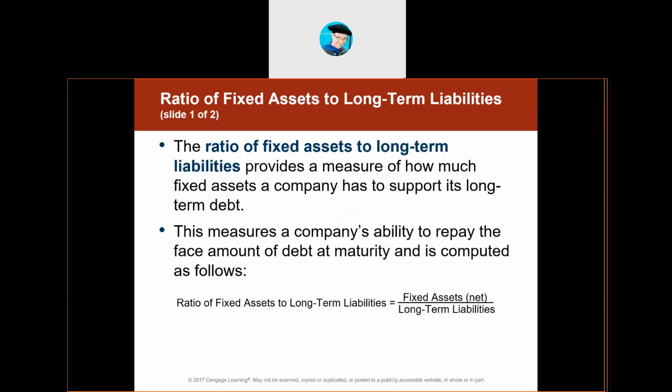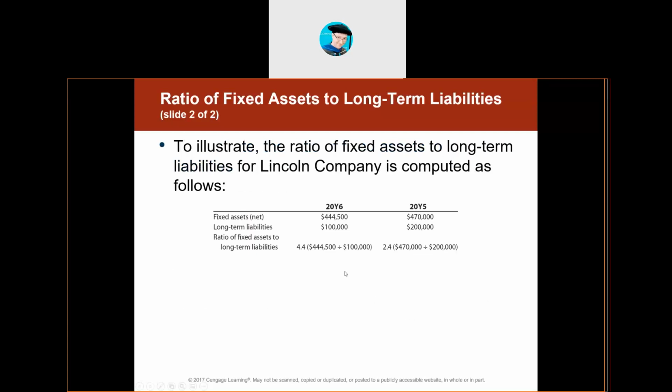Remember, fixed assets, property, plant, and equipment. Property, plant, and equipment divided by long-term liabilities gives me the ratio of fixed assets to long-term liabilities.